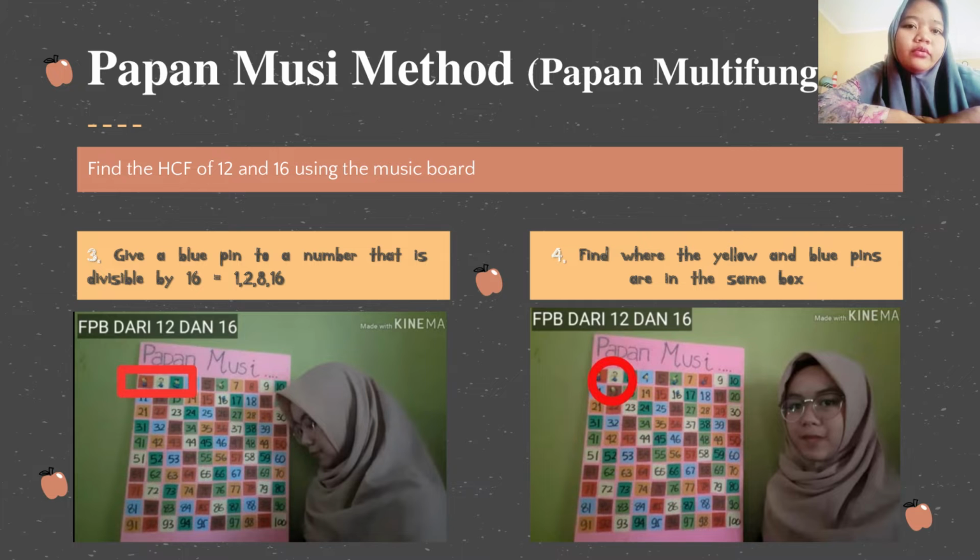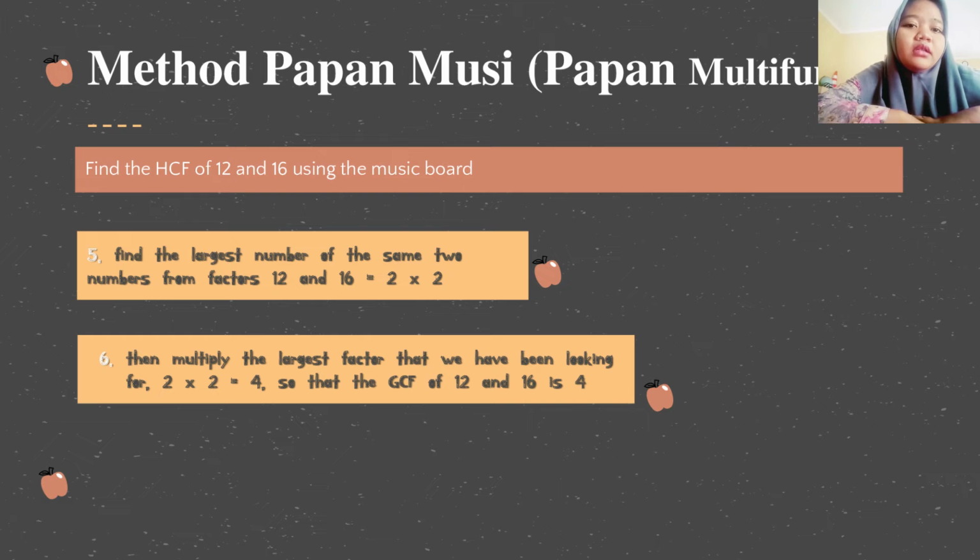Find where the yellow and blue pins are in the same box. 5. Find the largest of the common factors of 12 and 16, which is 4. So the GCF of 12 and 16 is 4.